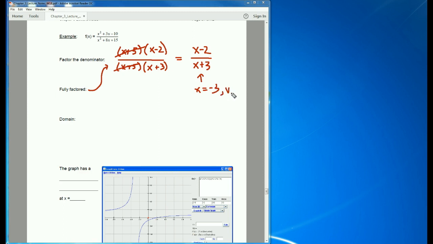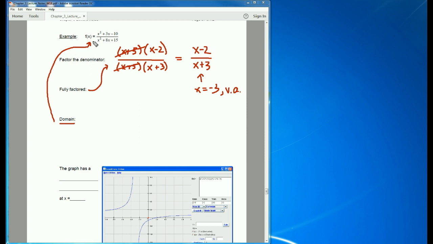All right, so that is where the vertical asymptote is going to be. However, when we want to write the domain of the function, we have to look back at the original function, not the canceled form, not the lowest terms form.